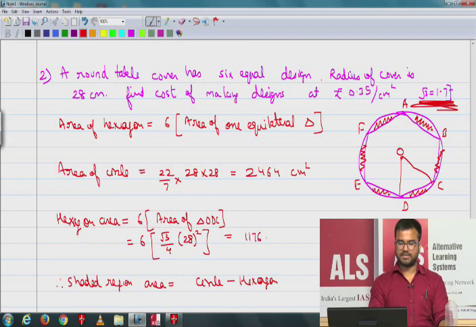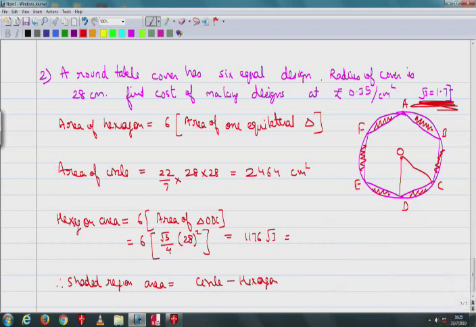This will be 1176 root 3, and you can put 1176 root 3 as 1.73. So that would be equal to 2036.89. Now just subtract both of them.